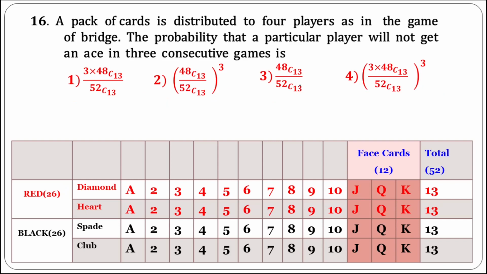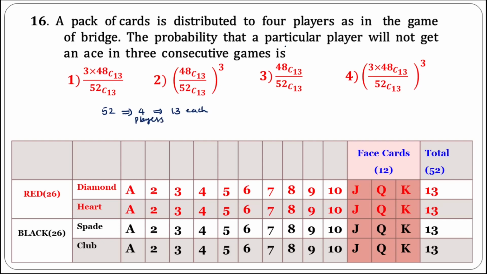A pack of cards is distributed to 4 players as in the game of bridge. It means if you are distributing a pack of 52 cards to 4 players, each of them will get 13 cards. There are 4 players, right?